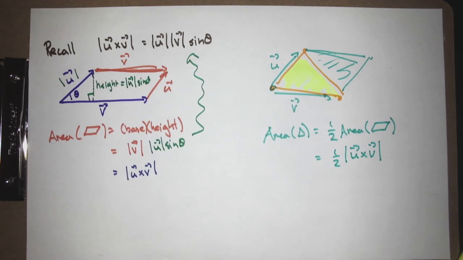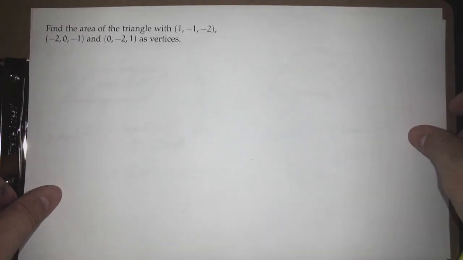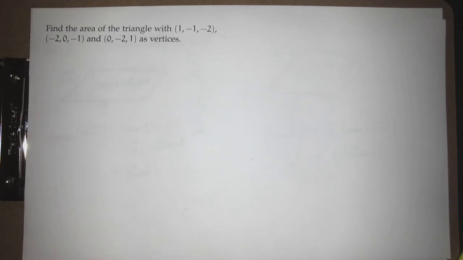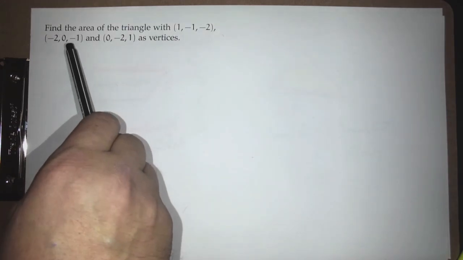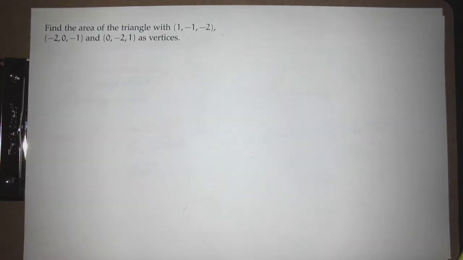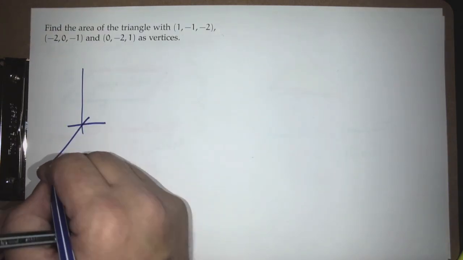So let's do one quickly here. Find the area of the triangle. We'll do it together with 1, minus 1, minus 2; minus 2, 0, minus 1; and 0, negative 2, 1 as vertices. We may not do the whole thing, but let's just do enough to make sure we know what's happening.